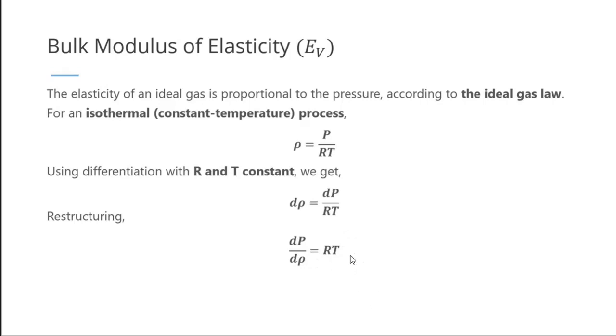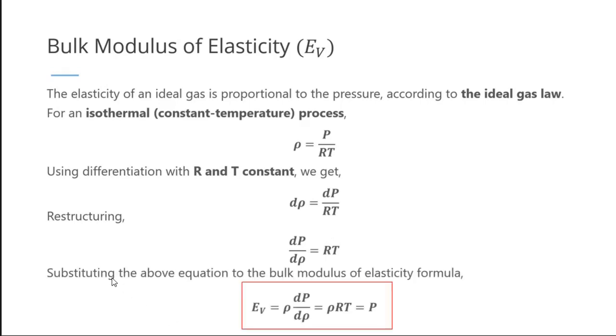Yan. So, ito, magagamit natin to simplify the formula of bulk modulus of elasticity. Yan, substitute natin yung equation kanina. So, we have, di ba, ito yung original. Ito yung na-derive natin kanina. Bulk modulus of elasticity is equal to density times dp over d rho. So, we need to substitute this by RT. Magiging rho RT. Or simply, this rho RT is equal to the pressure of the gas.